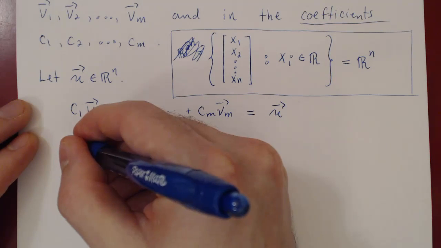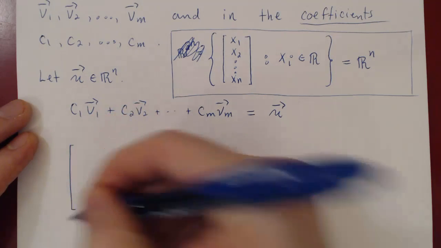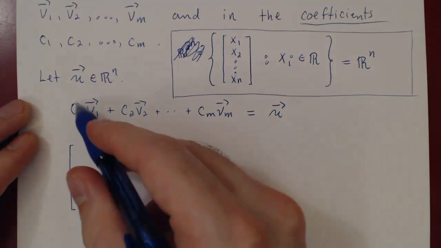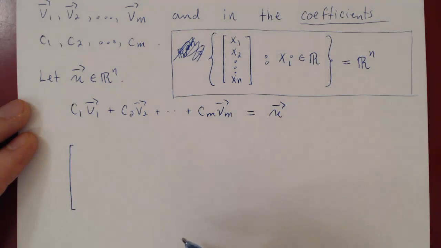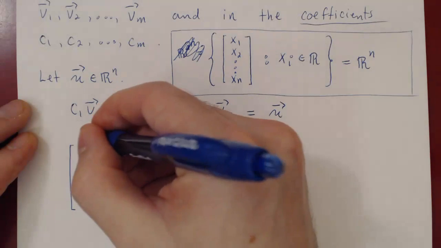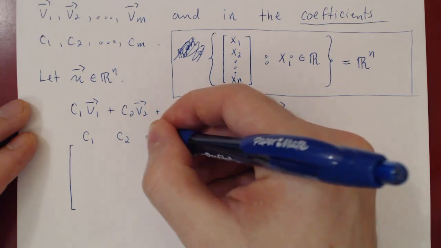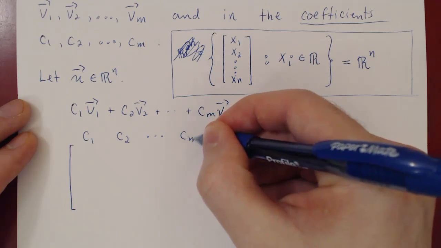And if you build the augmented matrix, here's what it will look like. The c's are the variables, the things you're trying to solve for. This would be c1, c2, cm.